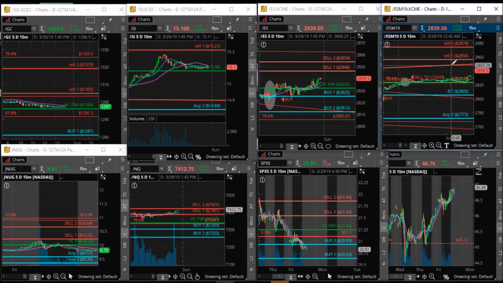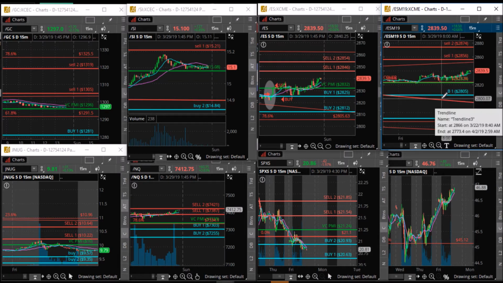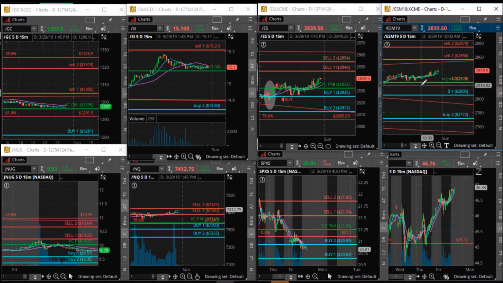The weekly indicator, the price closing above the weekly average of 28.23, activates the sell 1 level of 28.56 to 28.74 as we come into next week.